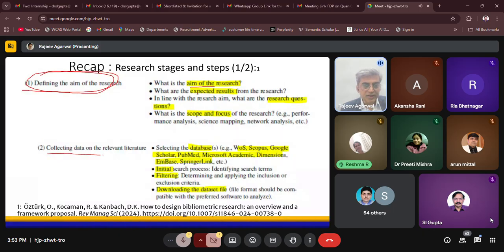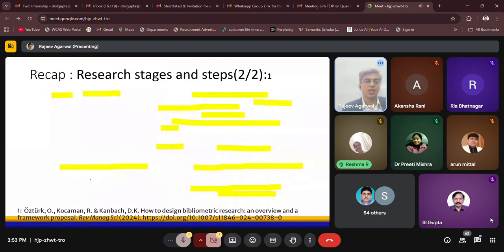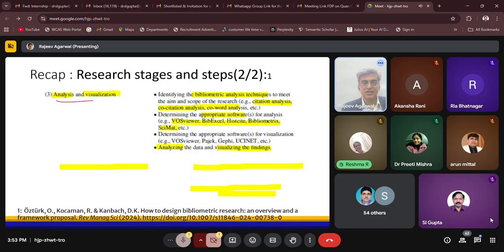Next is collecting the database. So just see this. These are the databases: Web of Science, Scopus, PubMed, Microsoft Academic, Dimensions, Springer. You have to have an initial search, filter, download, and then export. Then you need to analyze citation analysis, co-citation, and then determine the appropriate software, VOSviewer.